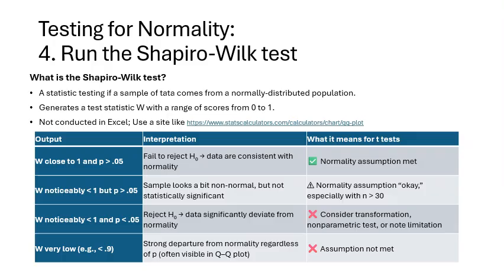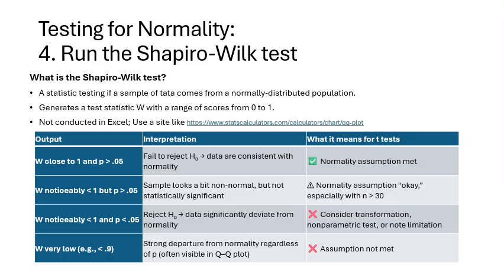If your W is noticeably less than 1 and the probability says it's significant, you have to reject the null. That just means you'll have to do something different. You've rejected the null, your data significantly deviate from what's normal, and so you'll have to transform your data, which we aren't doing right now.